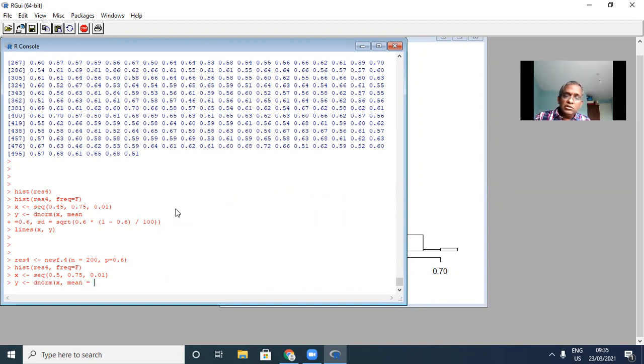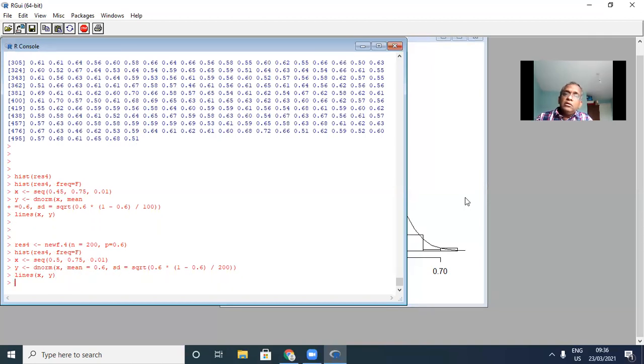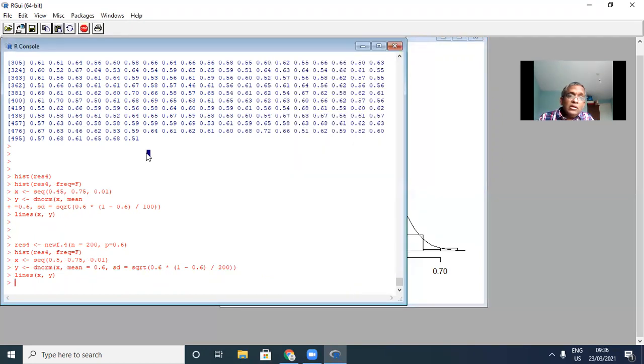Your mean is once again 0.6, and the standard deviation is the square root of p, which is 0.6, times 1 minus 0.6, divided by n, which is 200. And finally use the lines command. And you see once again that the density of the normal is a good fit for the simulated data, as it should be.